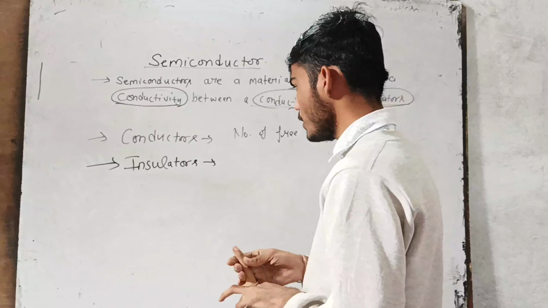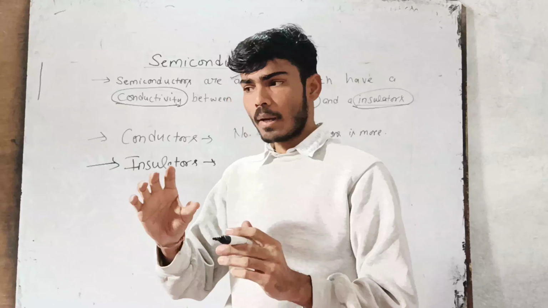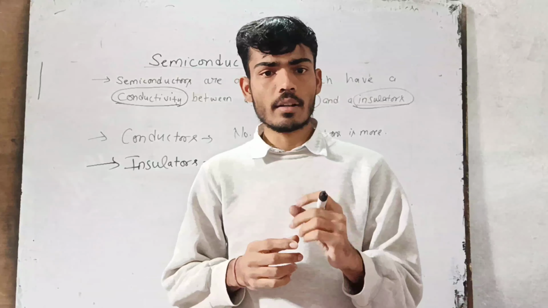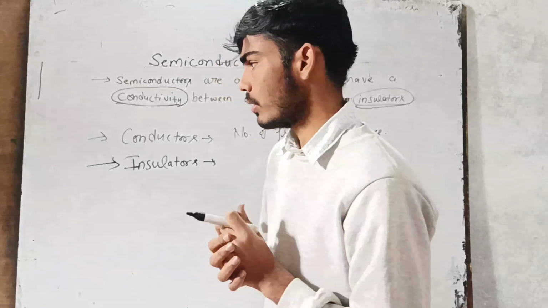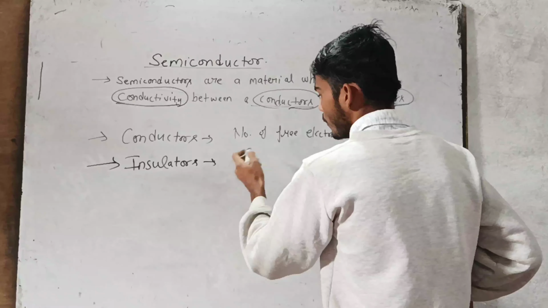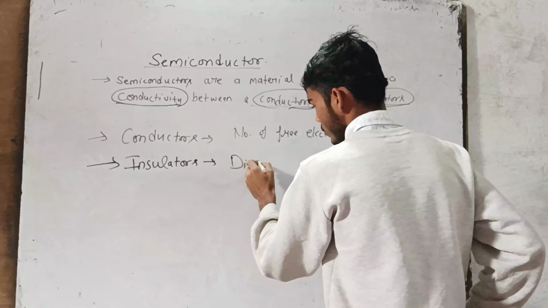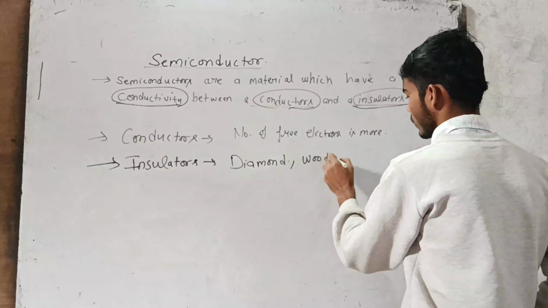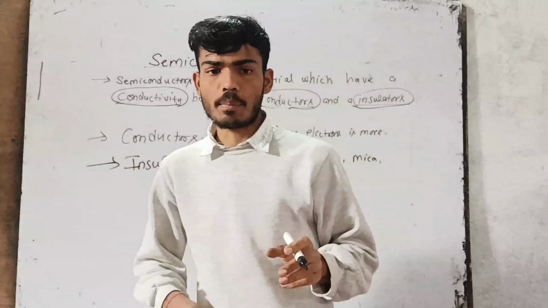Low conductivity means whenever we supply any voltage and it does not allow any current, it has very high resistance. I'm giving you some examples of insulators, of which the most common example is diamond, also wood, mica. There are many examples.